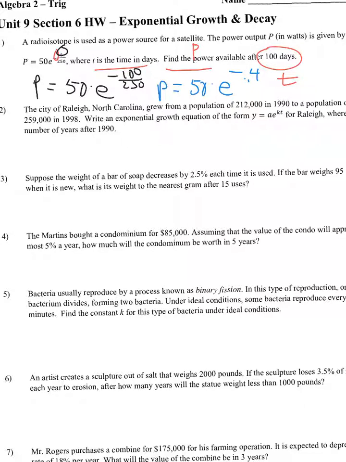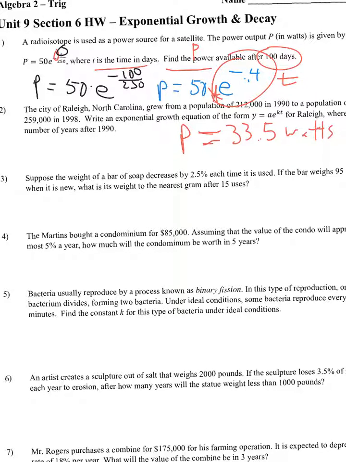On the calculator, I would do e first, using that e button that we dealt with in section 5, to the negative 0.4 power, then hit your times symbol and multiply it times 50, and that's going to give you P, the power output in watts. We'll round off to the nearest tenth of a watt. It doesn't tell us where to round, but we get about 33.5 watts.